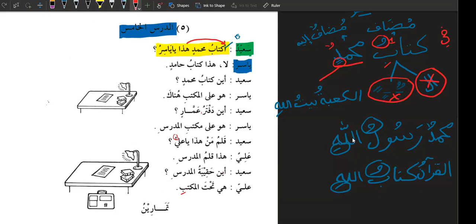Or we can say أكتاب محمد هذا, and it still translates the same, but it's just different in Arabic. So we can put هذا in between these two words, or we can put it after. We can say أهذا كتاب محمد, or we just say أكتاب محمد هذا. So, is this Muhammad's book? يا ياسر. So we say يا.